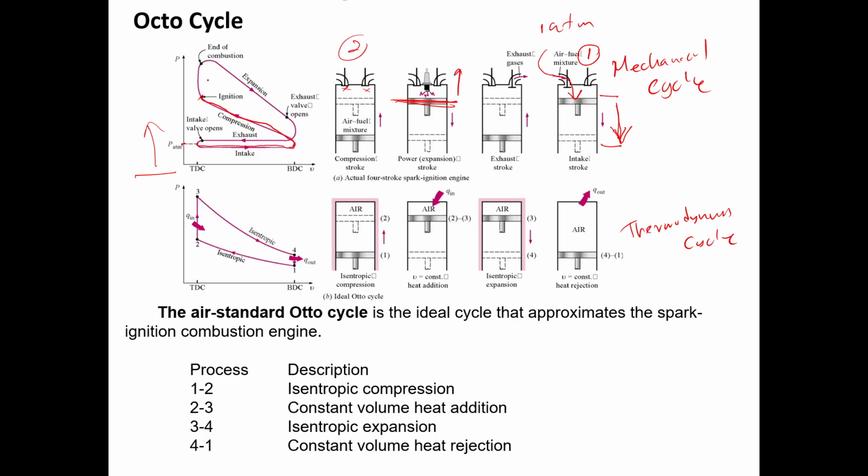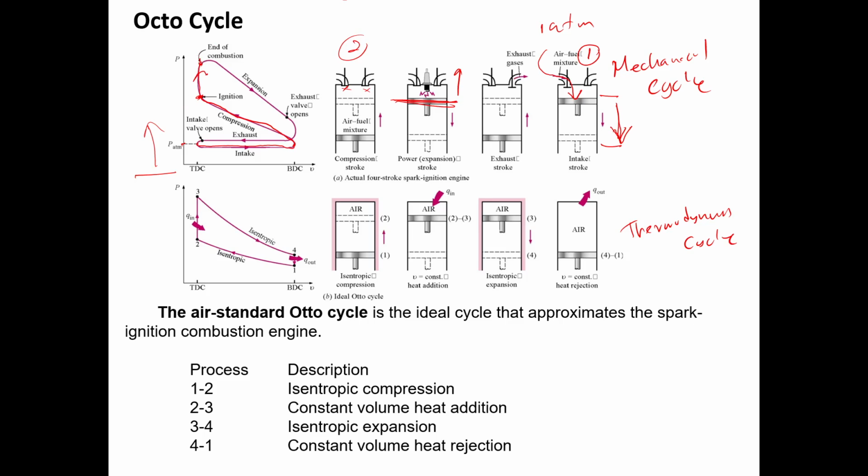When you are here, your ignition starts, then your pressure increases, but your volume does not change. You are still at TDC. In here TDC, in here also TDC, but this one is the combustion. You start combustion here, up to this point, that is the end of combustion, right?